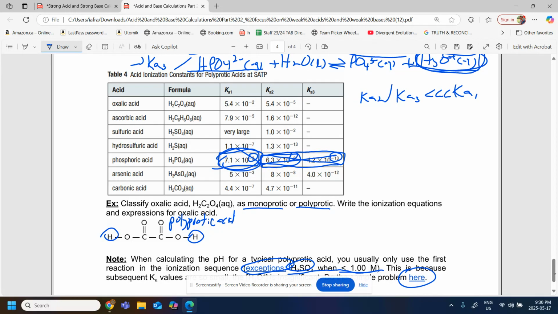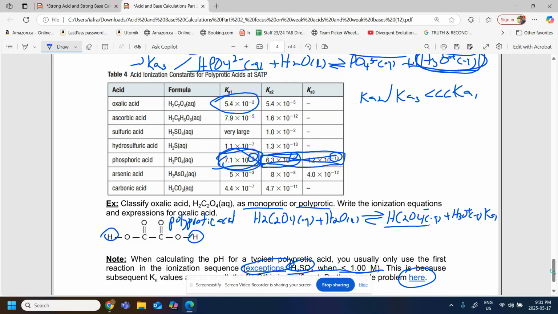We'll start off with the first ionization. H2C2O4 (aq) plus H2O (liquid). It is a weak acid because it's not one of our strong acids, and you can see here it's a pretty small Ka. We're going to get HC2O4 minus (aq), our first H donated, plus H3O plus (aq), and this would correspond to Ka1, which is the only one you need to calculate to find pH if you were asked that.